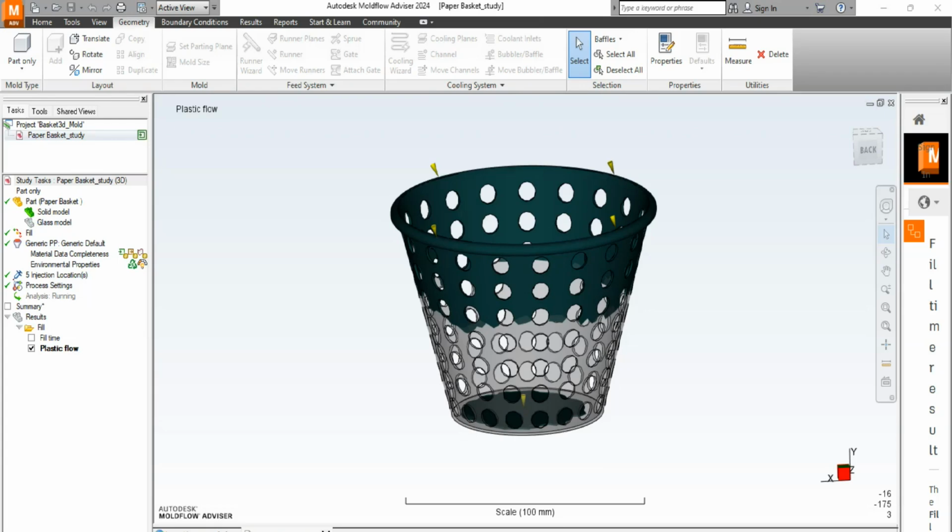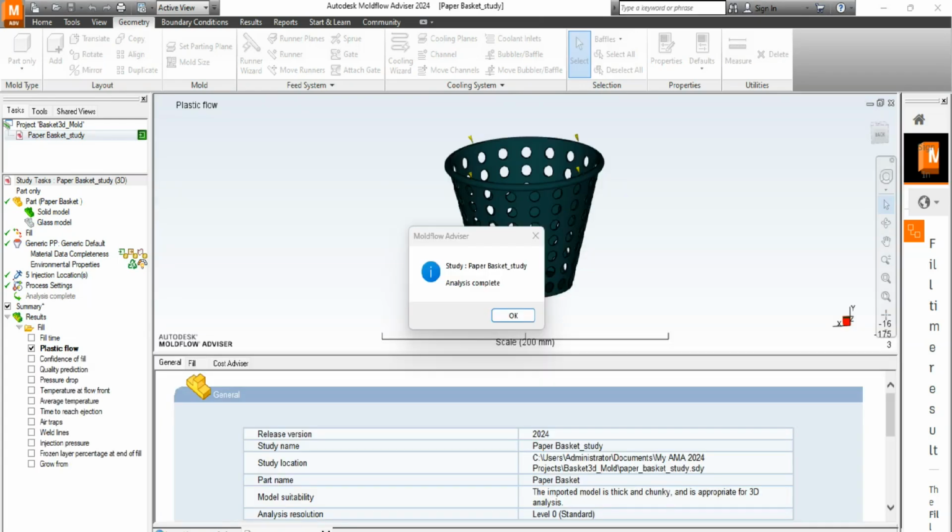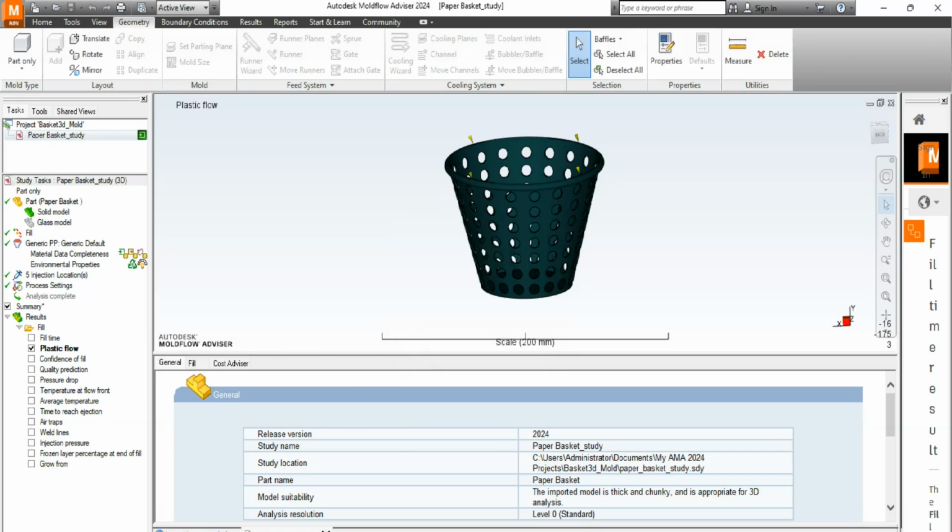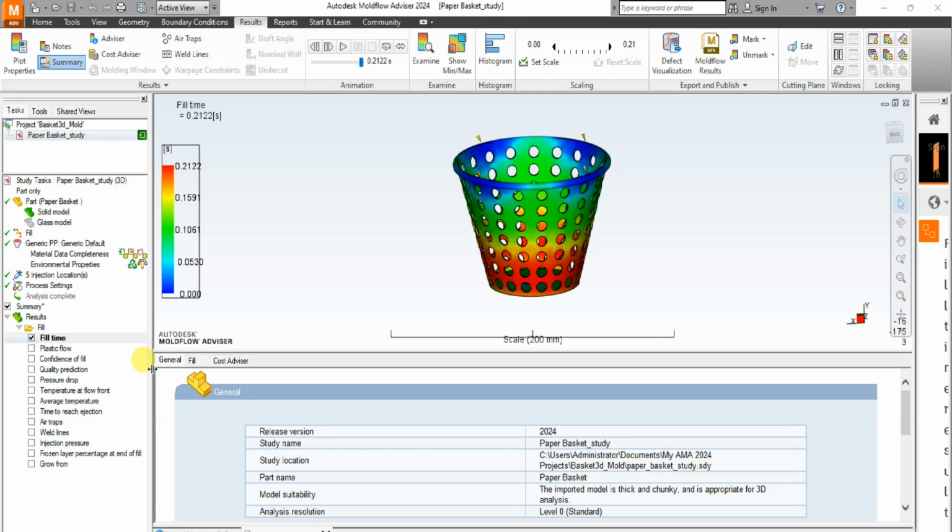We should also understand this fact: if the flow pattern is balanced, that indicates a part with a good fit. In this case study we are looking at the plastic basket, the waste paper basket.